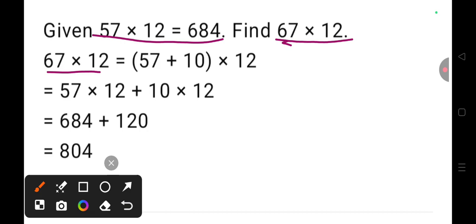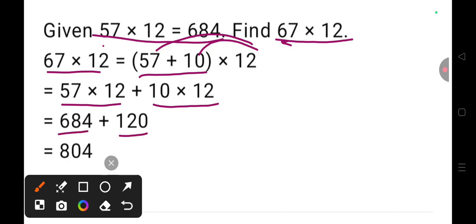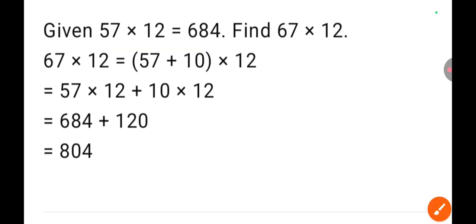Again, 67 in terms of 57. It can be written as 57 plus 10, right? So again distributive property: 57 into 12 plus 10 into 12. You will use this. 57 into 12 is 684 and 10 into 12 is 120, right? After adding you got the answer.